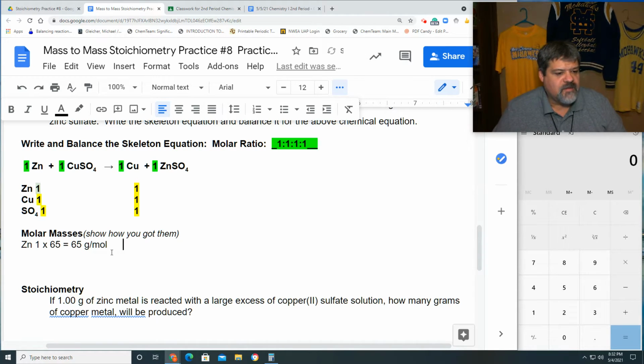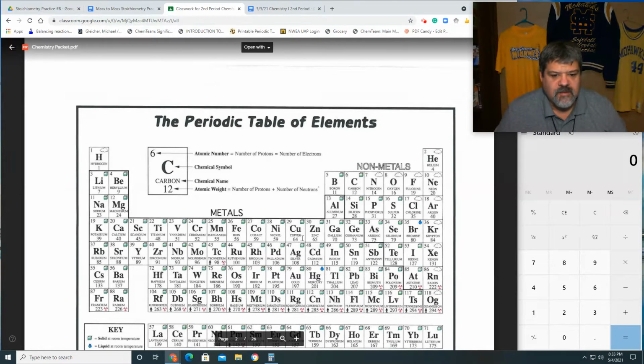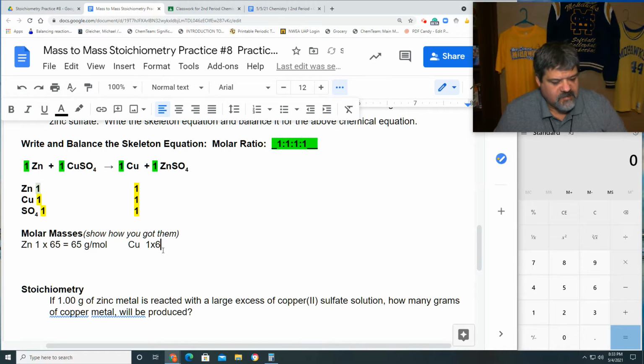Okay. Now we also have, what we're looking for is how many grams of copper metal. So now we're going to do copper. So Cu for copper, and we have up here we have 1 copper. Okay, that's going to be times whatever the molar mass of copper is. There's copper, so copper is 64. Back to our problem, times 64.